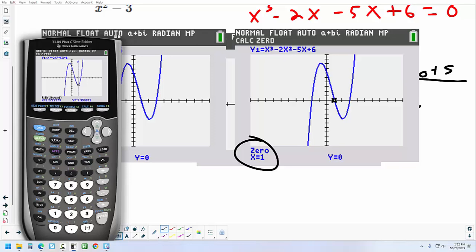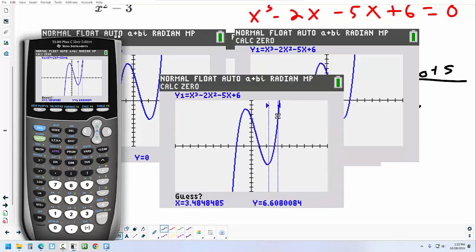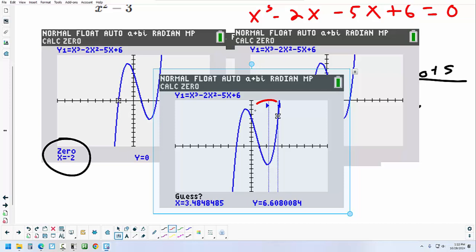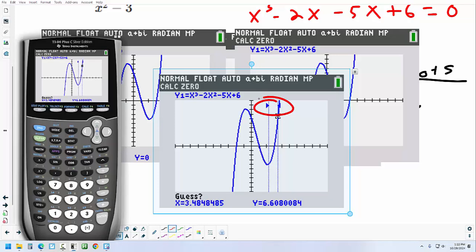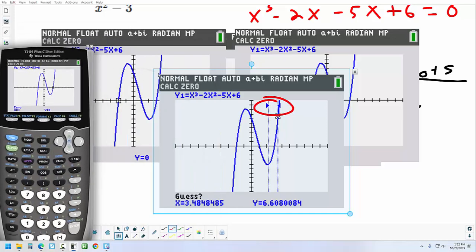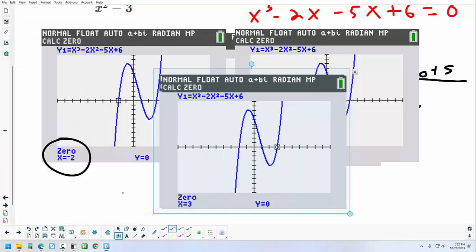You get a dotted line there, and to the right. So when you do this step, these little arrows that I just circled up there should be pointing at each other. If they're not, then something's wrong. And then the last root is at x equals 3. So it was -2, +1, +3.